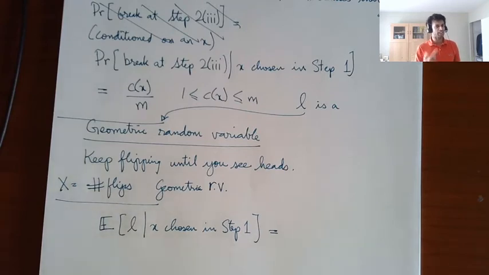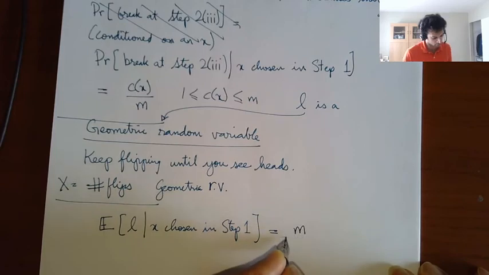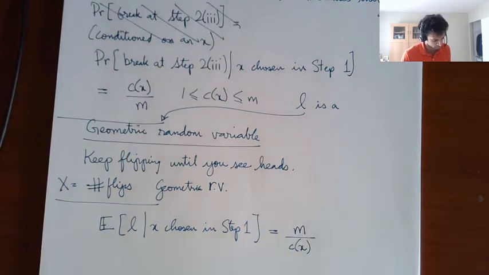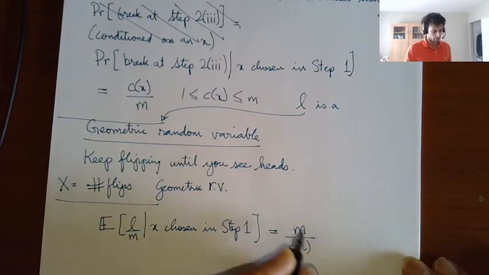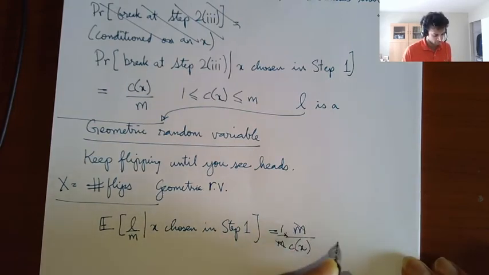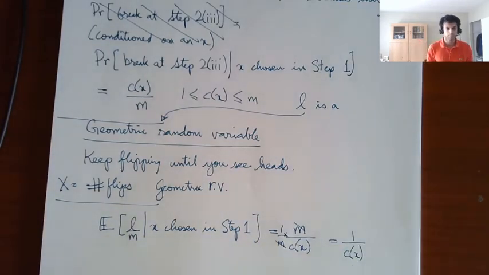How many flips do you think you need? It's the inverse of that. And so the expected value of L divided by M is the inverse of that. Okay?